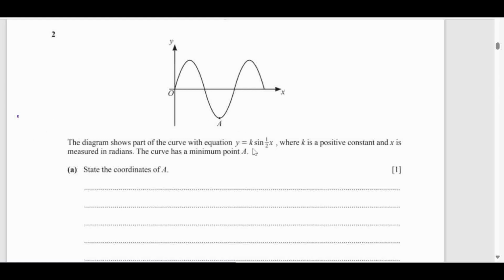Now here we can see that y is equal to k times sine of 1 by 2x. First of all, we know that if the equation is y is equal to sine of x, the actual graph is just like this.